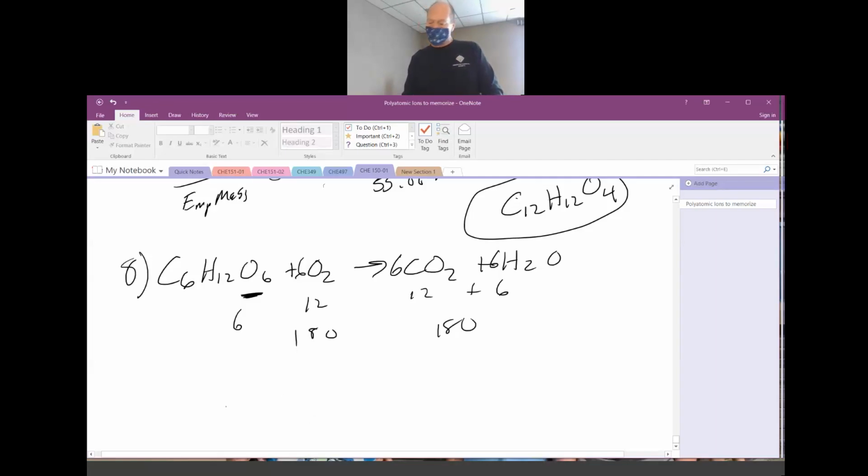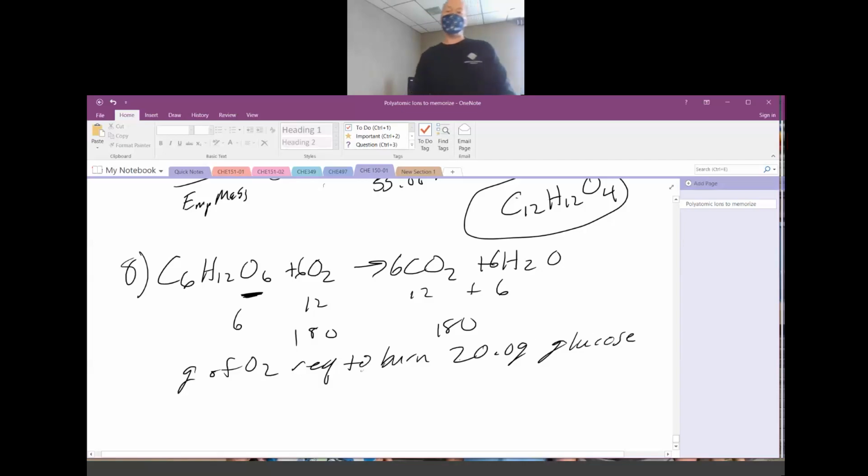All right, so after we balance it, the question is how many grams of oxygen are required to burn 20 grams of glucose? All right, so we need to know how many grams of oxygen are required to burn 20 grams of glucose. All right, so you always work in moles.